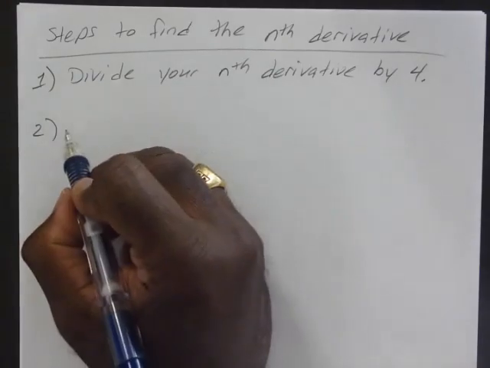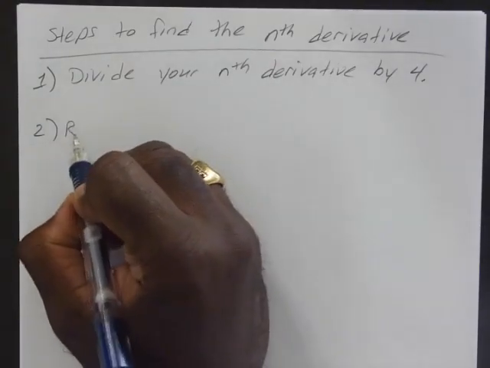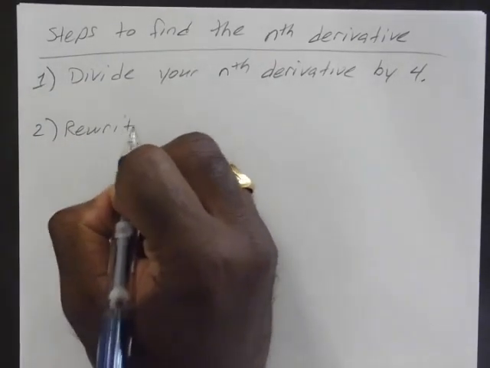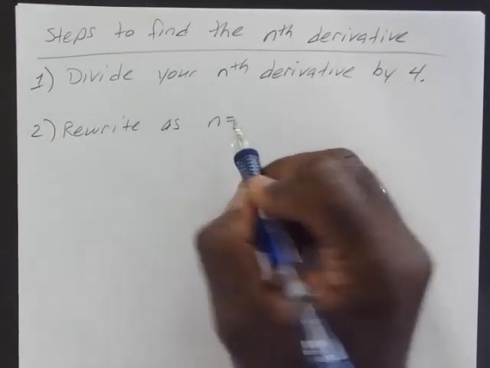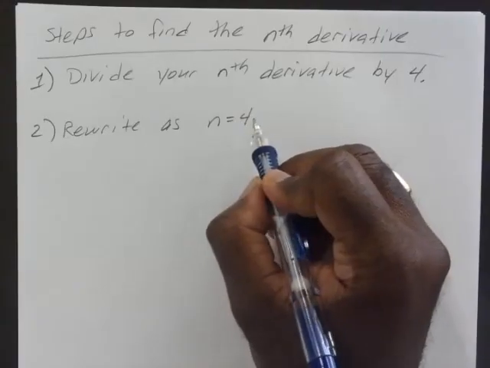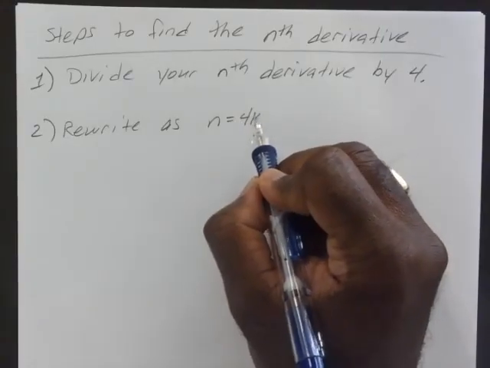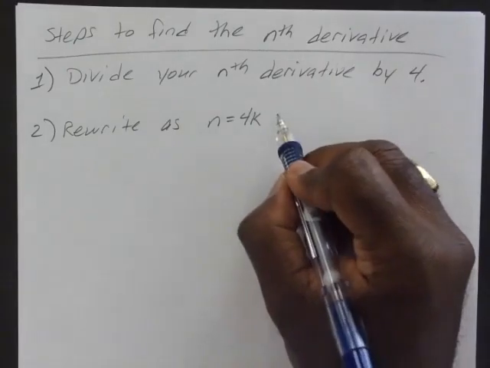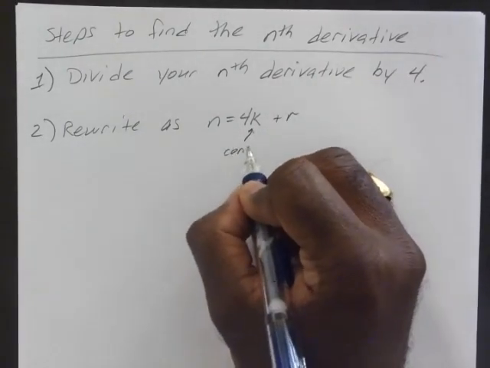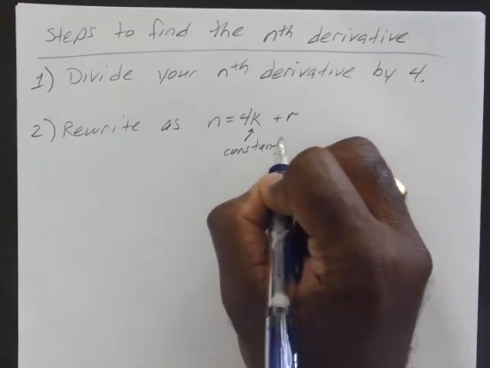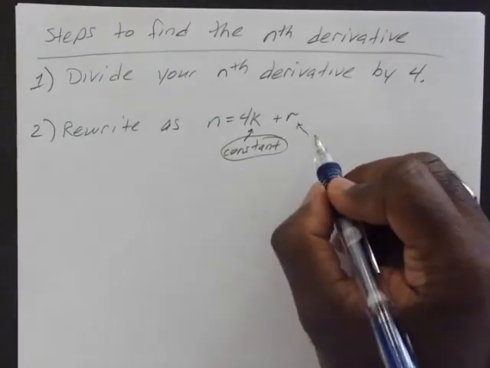Your second step, you're going to rewrite it as that nth derivative is equal to 4 times some constant that we will call k plus r, where that k is a constant and that r is your remainder.